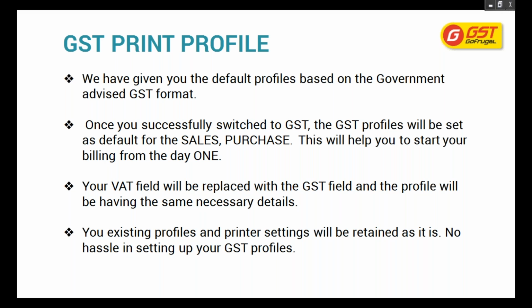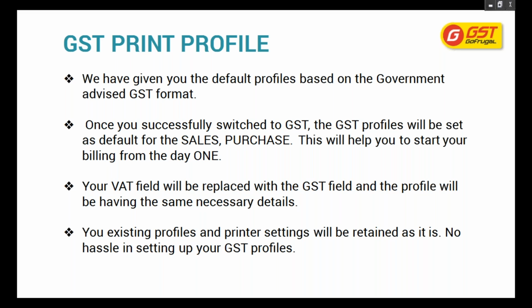For the DE, we have given the A4 profiles and the 80 column dot matrix printer profile. All the above printers will have all the details like HSN code, GST number, state number, tax-wise split up, total GST tax percentage, and total GST amount. Everything will be available in the default profiles.